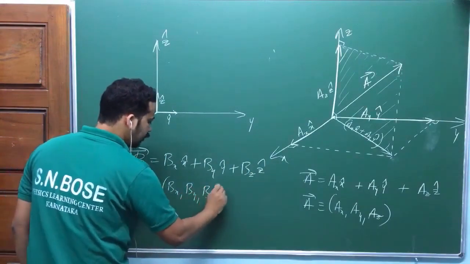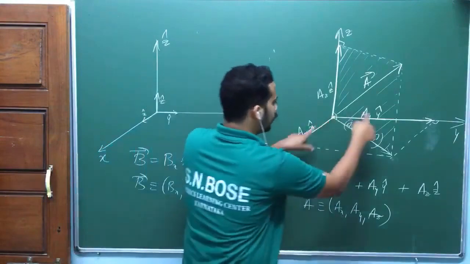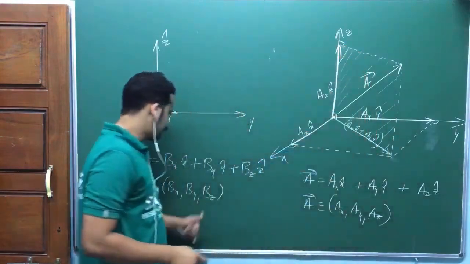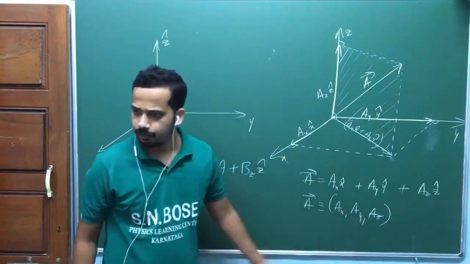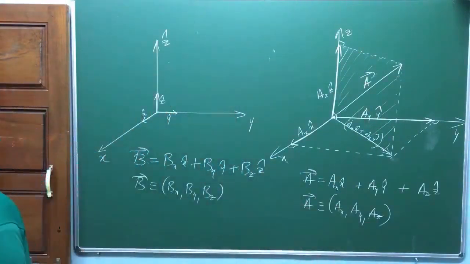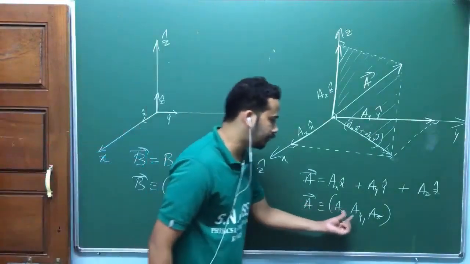These are actually projection lengths. These are projection vectors. Ax, Ay, Az, you say these are components of a vector, am I right?